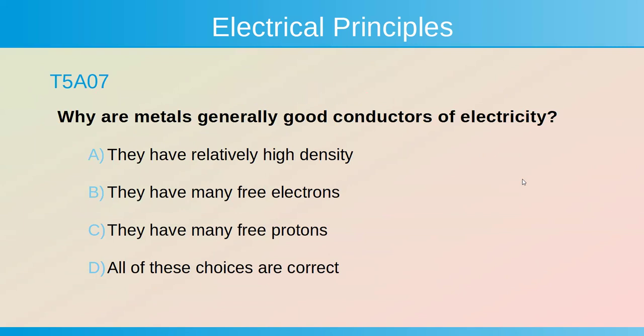So why are metals generally good conductors of electricity? I have a question real quick. Okay. So you know how it said in the chart like 1.59 for silver. What does that specific number mean? Is that like how much it costs, or is that like the weight of it?